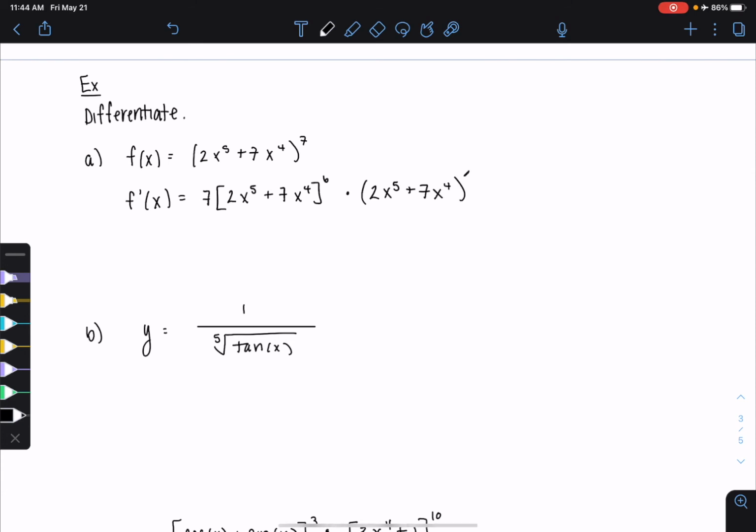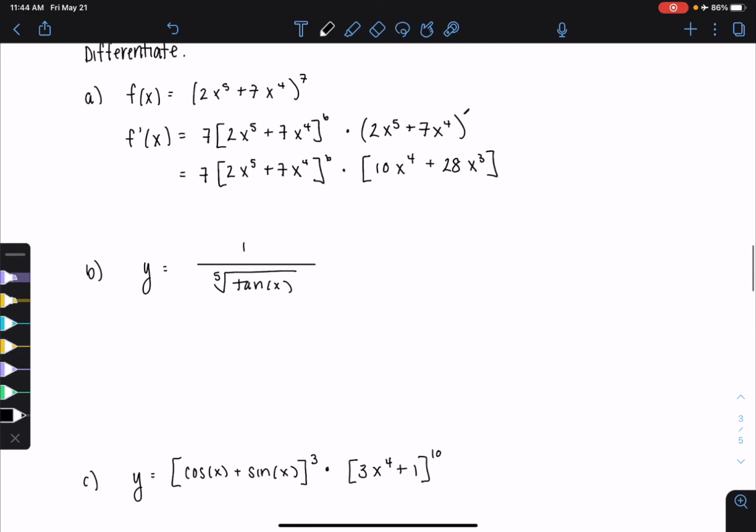So this is where I'm adding those more steps, which I want you to get in the habit of as well. So taking that derivative would give us, bring the 5 down to give us 10x to the 4th. Bringing the 4 down gives us 28x cubed. And you can definitely leave it like that. Do not try to multiply this out.